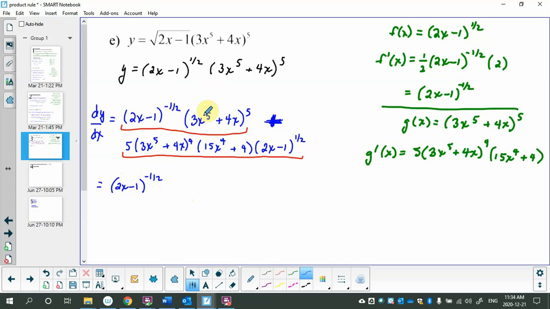Then I've got (3x to the 5 plus 4x) all to the 5. And back here, I've got 3x to the 5 plus 4x, only this one's to the 4. So between 4 of them and 5 of them, I take the minimum, which is 4. Lay down a square bracket. Recompare. I took out this identical thing, so there's no more left.